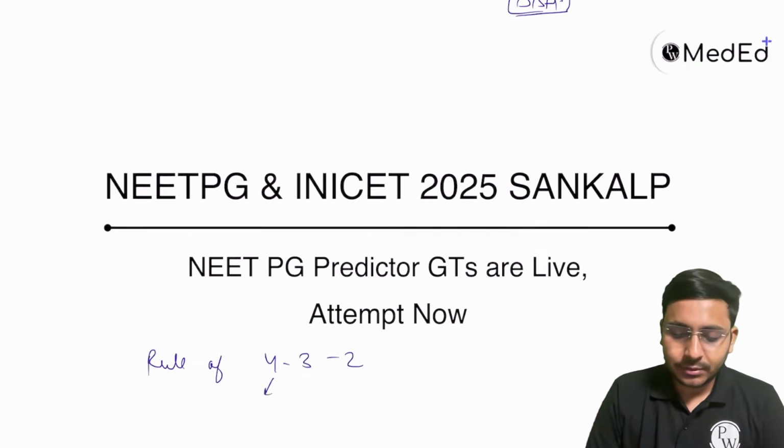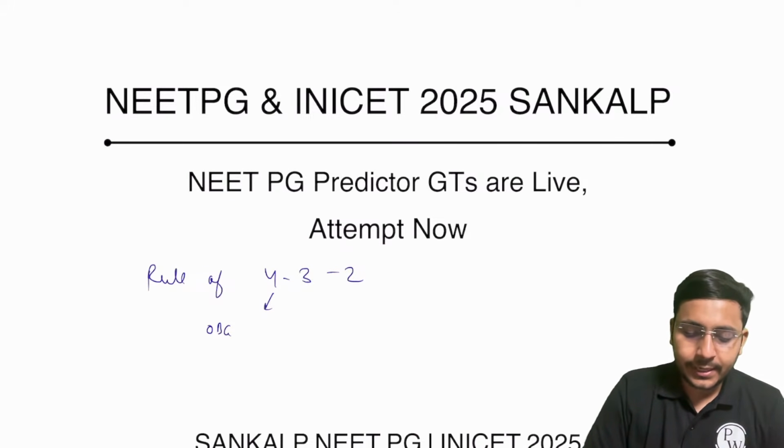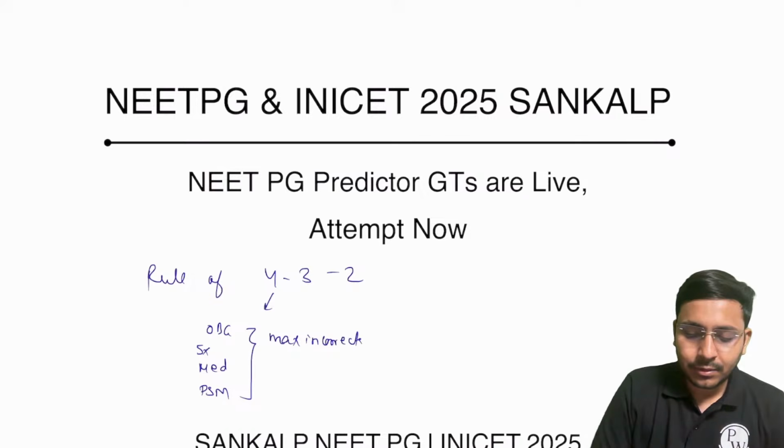In subjects like obs gynae, surgery, medicine, PSM, your maximum incorrects can be 4.